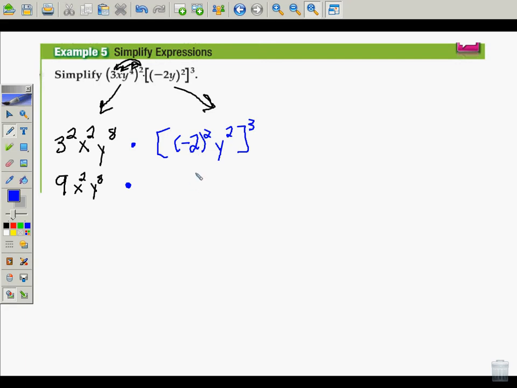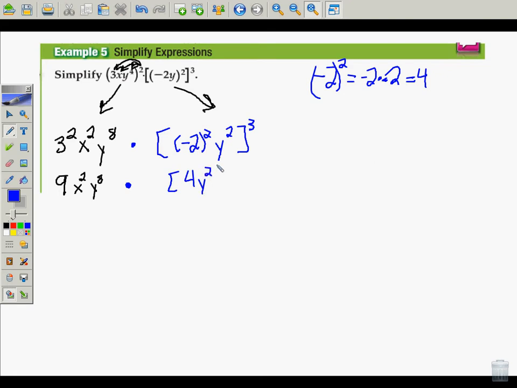The reason is because I have negative 2 to the second power. That gives me negative 2 times negative 2, which is where I get the positive 4, because a negative times a negative equals a positive. So I get 4y squared all raised to the third power.